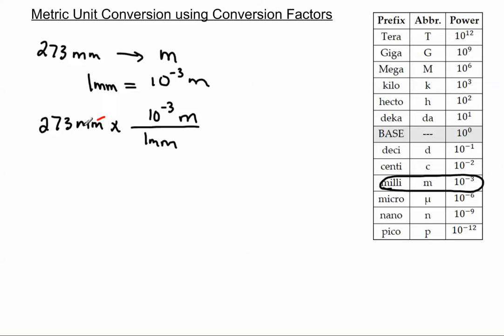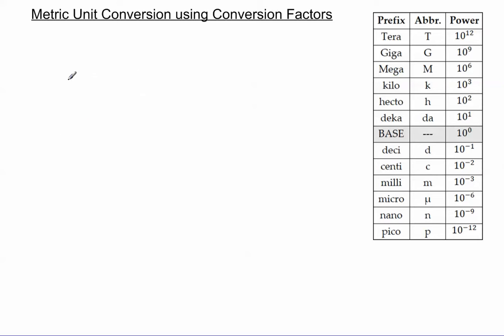Again, the millimeters cancel. We have 273 times 10 to the negative 3 meters. 10 to the negative 3 is like dividing by 1,000, and so we have 0.273 meters.